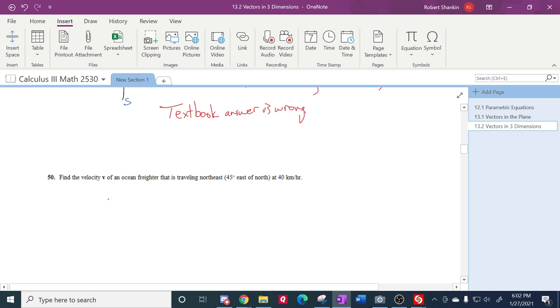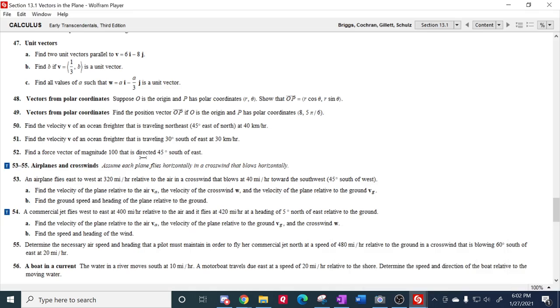So after looking at the solution for 51, what I did, and I don't know if I did it right, is I just componentified the velocity into the velocity going east and the velocity to the north. Is that what they did for 51 in the back of the book, Cameron?